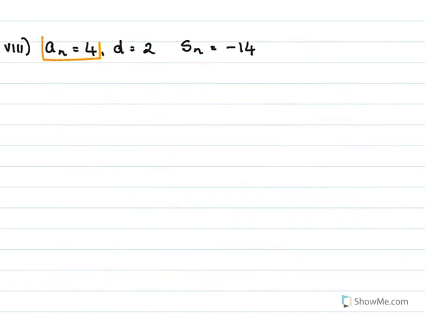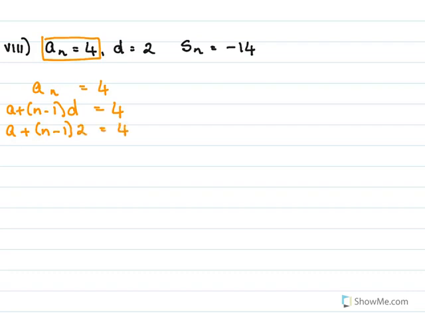We start with an equal to 4. So we have an equal to 4, and an you know is a plus n minus 1 d equal to 4. Let's put in the values that we know. The a we don't know, n also we don't know, but we know d is equal to 2, equal to 4.